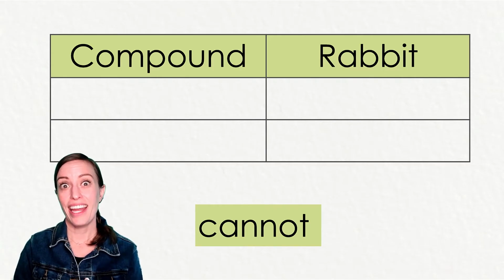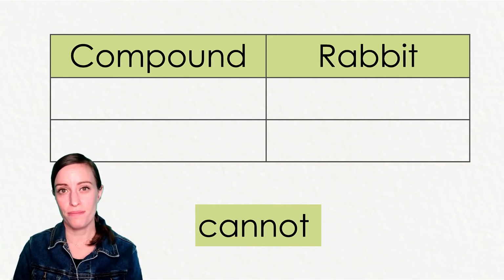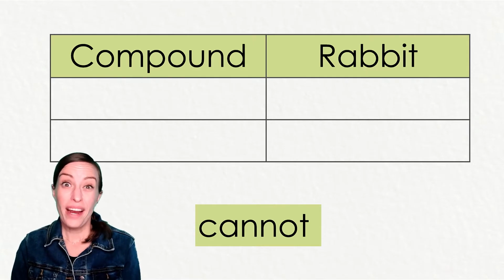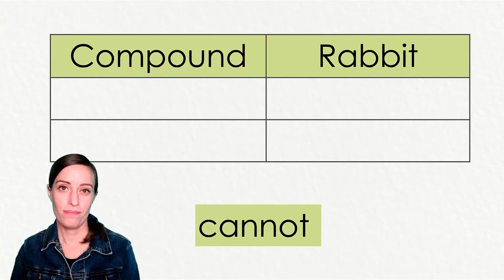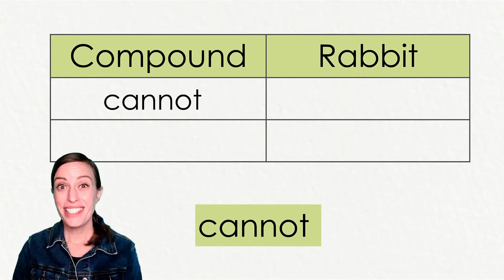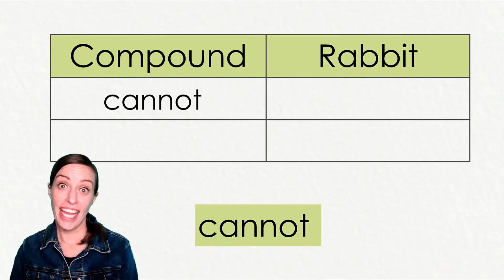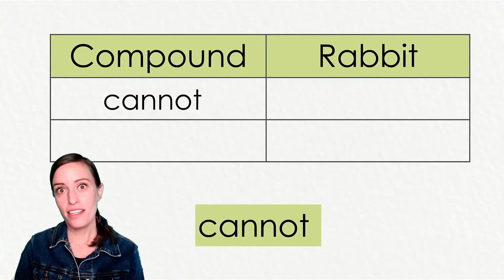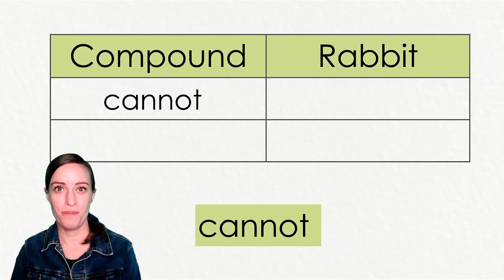That's right. Cannot has two syllables. Is cannot a compound word or a rabbit word? That's right. Cannot is a compound word because each syllable, can and not, is a word on its own.